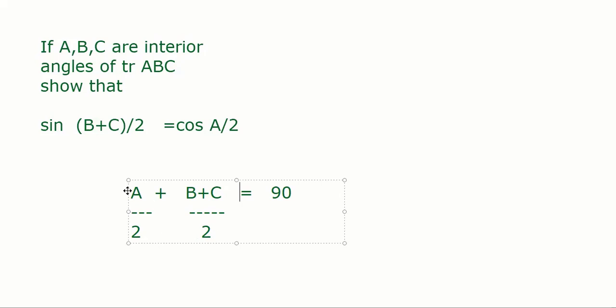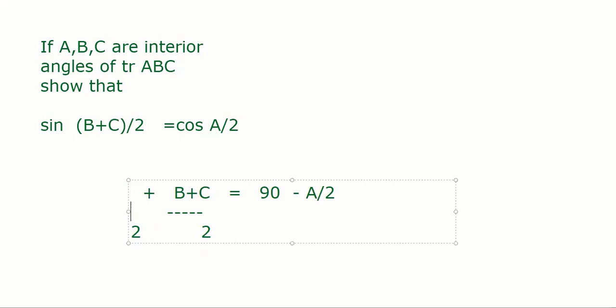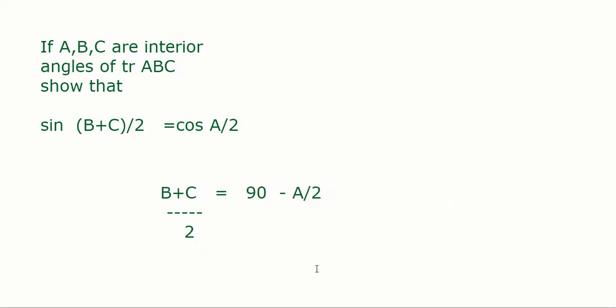Now if I take this A by 2 to the right side, ये क्या हो जाएगा? 90 minus A by 2. Agree everybody? So (B plus C) by 2 equal to 90 minus A by 2.